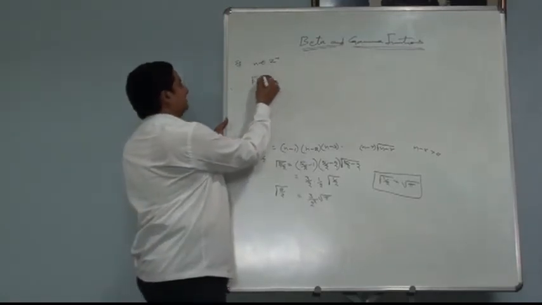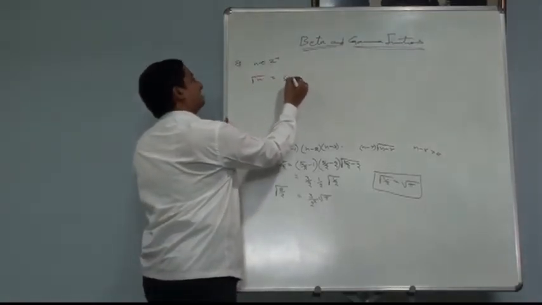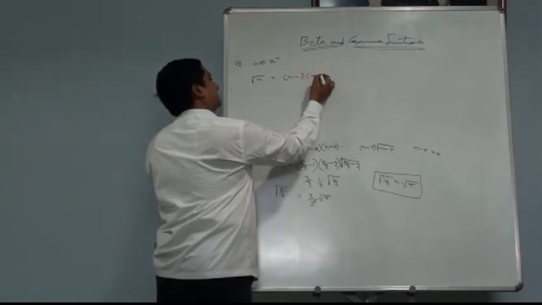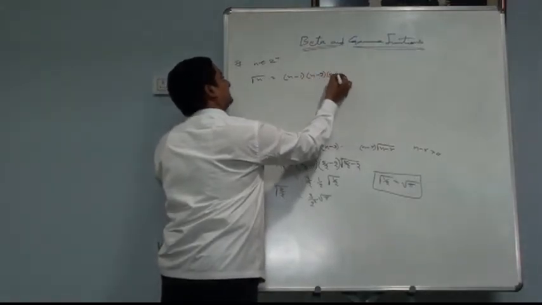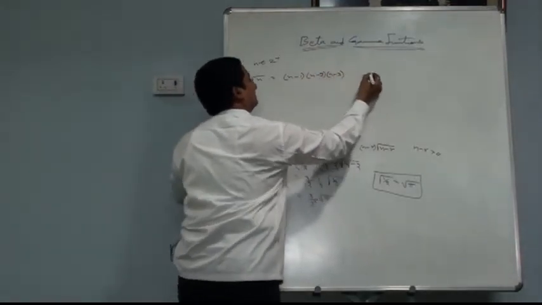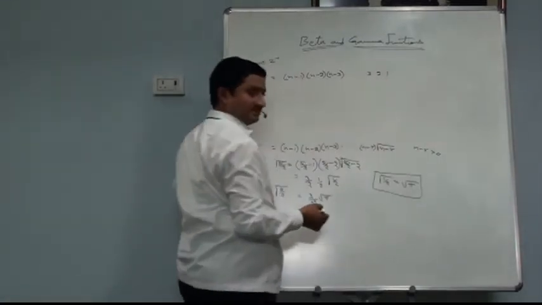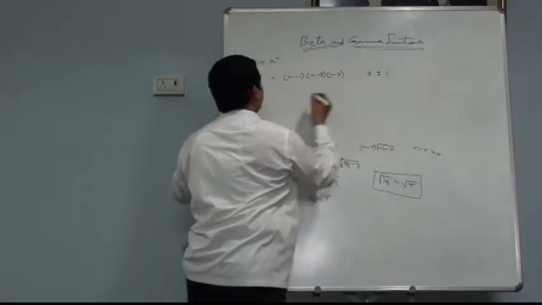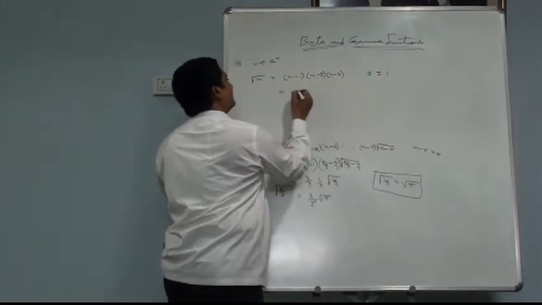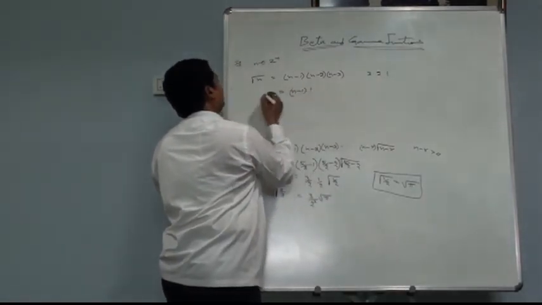Now gamma n is equal to (n minus 1) into (n minus 2) into (n minus 3) and so on up to 3 into 2 into 1. As I told you, n minus r is greater than 0. This is the last one. So this is nothing but (n minus 1) factorial.